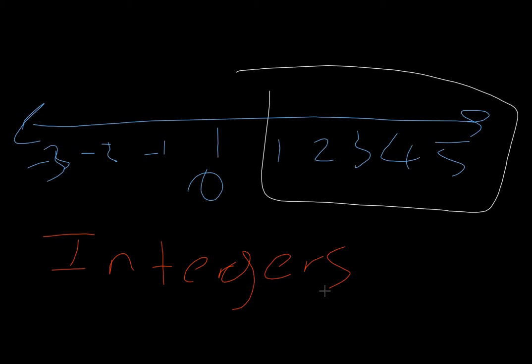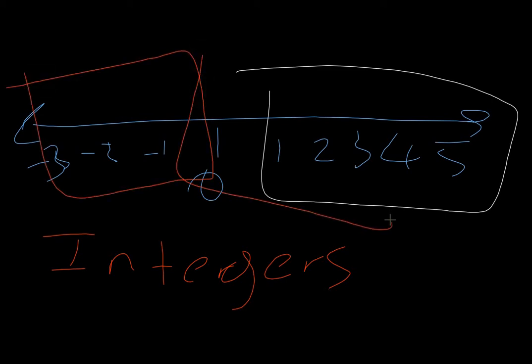But integers are just a collection of negative and positive, including the zero. And so when we define integers, they are negative numbers and whole numbers. And so any number that you pick, negative, positive, zero, you're actually talking about integers.